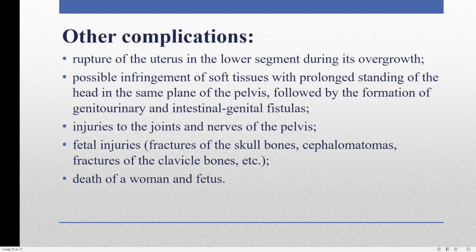The most dangerous complication may be death of the woman if, for example, rupture of the uterus happens, or death of the fetus if fetal distress happens or some dangerous trauma such as intracranial hemorrhages and others.